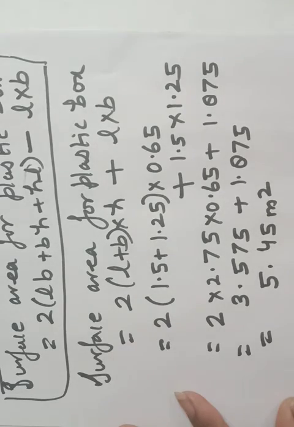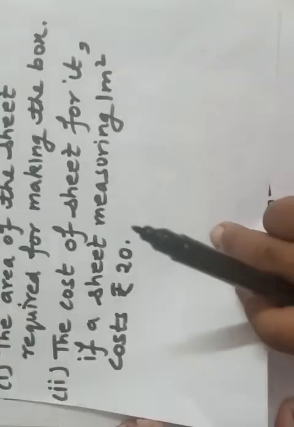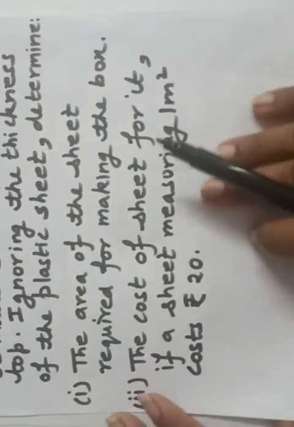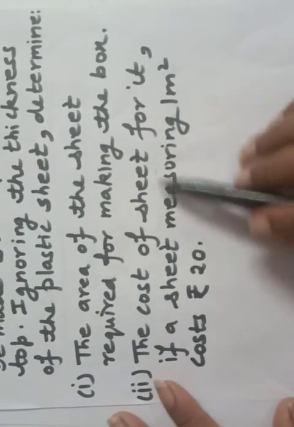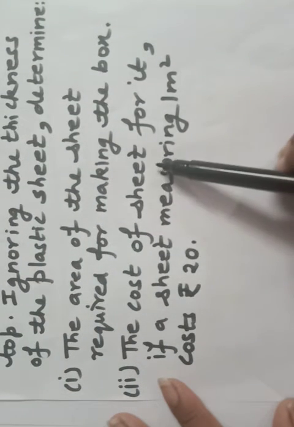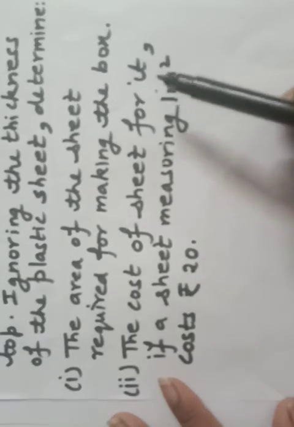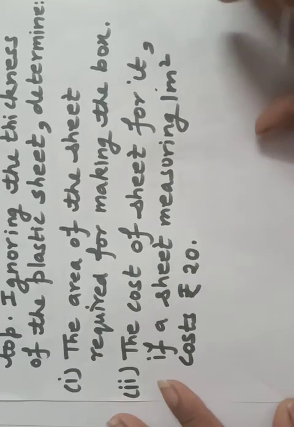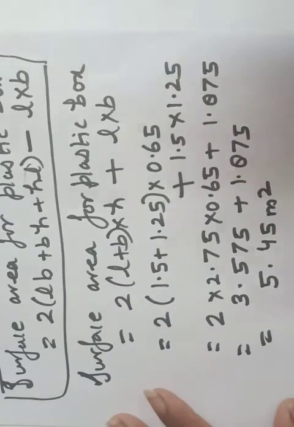Now the next thing we need to find out: we have already found the area of the sheet required for making the box, and now the cost of the sheet, if a sheet measuring 1 meter square costs rupees 20. So 1 meter square is rupees 20, and here we have 5.45 meter square, so we multiply by 20 to get the cost of the sheet.